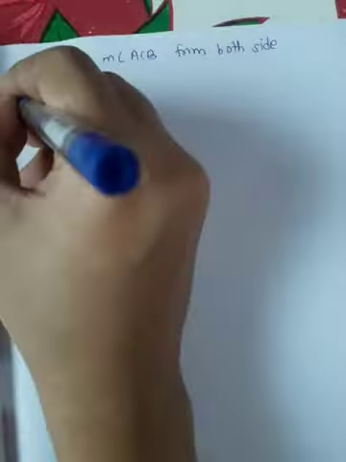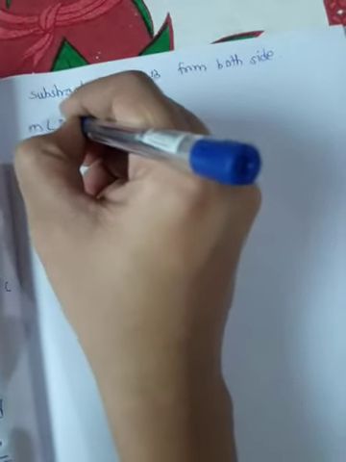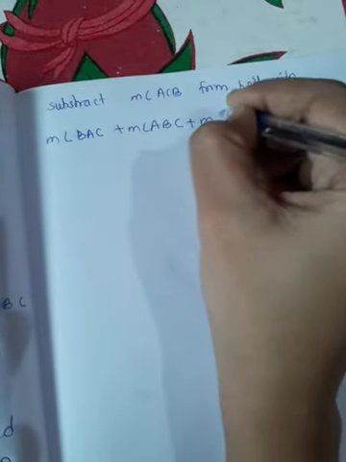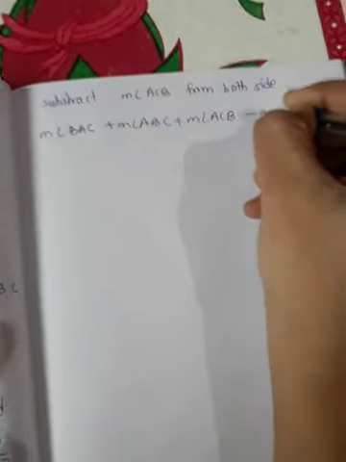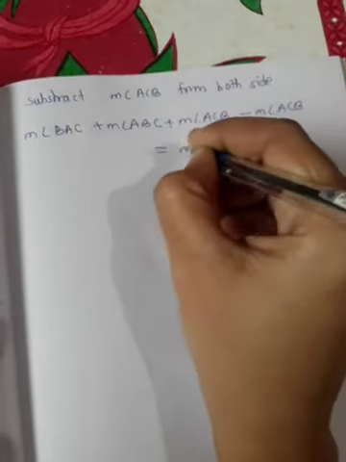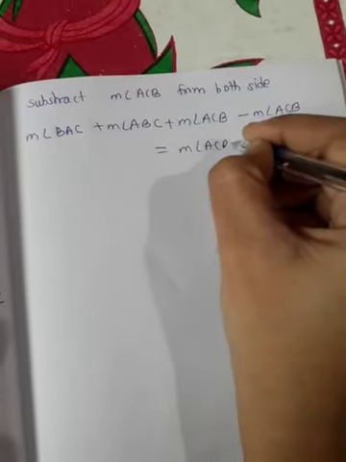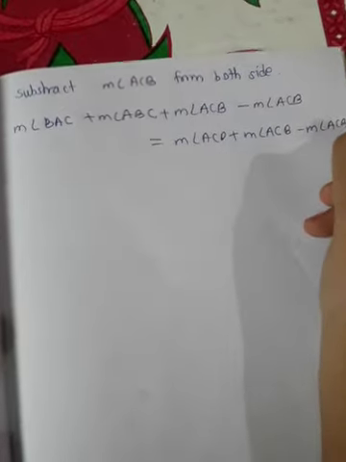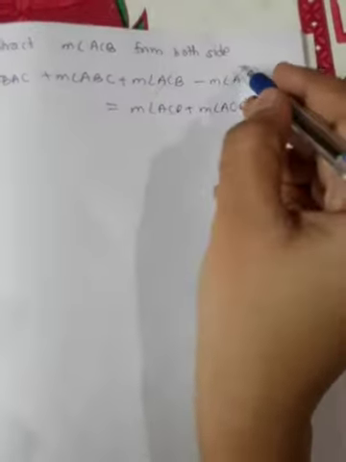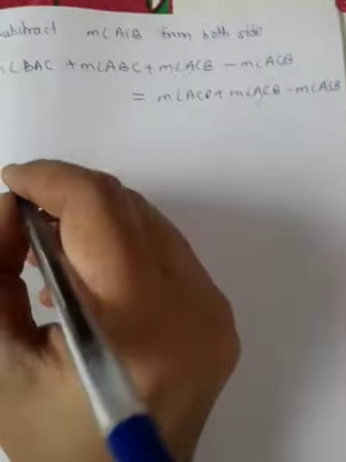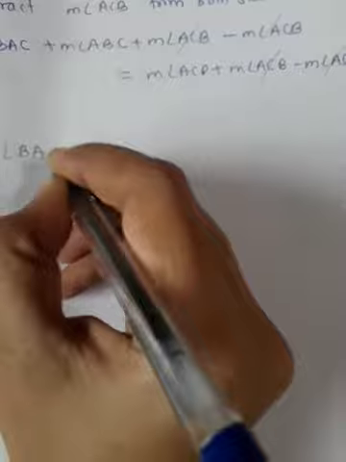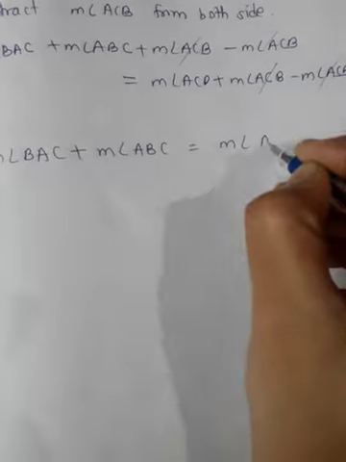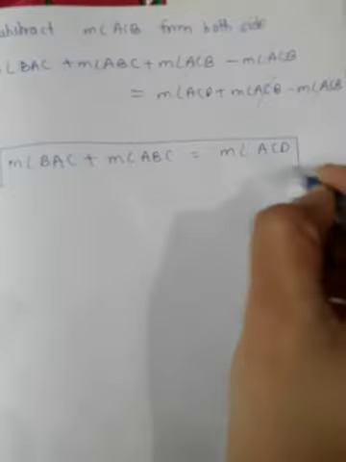Now these two terms get cancelled. So what remains? The measure of angle BAC plus the measure of angle ABC is equal to the measure of angle ACD. So we got one result here.